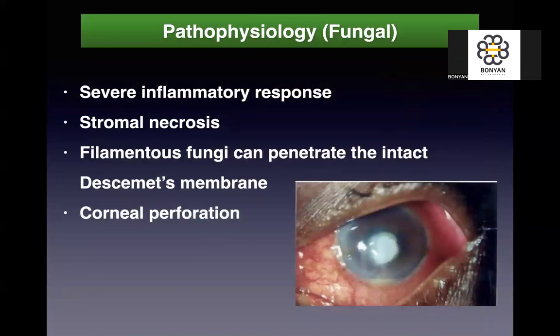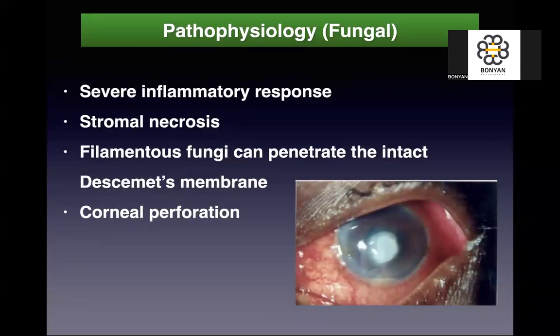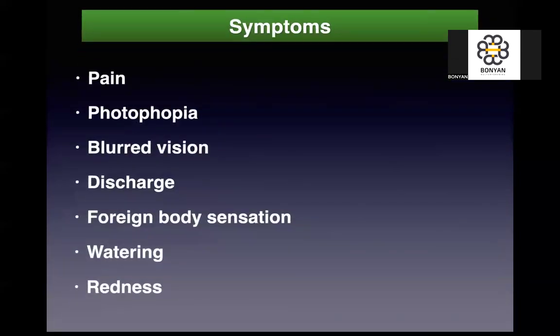As you see, it's less angry, with less infiltration and less dissemination, but the problem here is a silent killer because it goes deeply in the cornea, leading to sudden corneal perforation. Severe inflammatory response, stromal necrosis, filamentous fungi can penetrate the intact Descemet membrane. Finally, with the corneal perforation, as I told you.